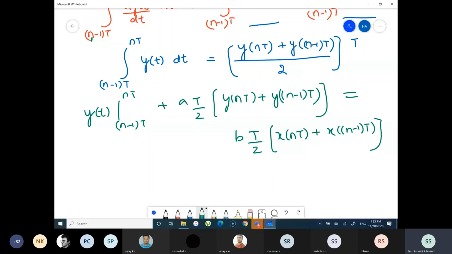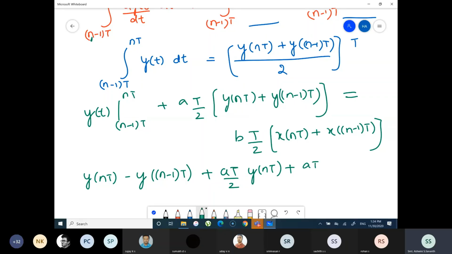Yeah. So now let's substitute these limits. So y of nt minus y of n minus 1 into t, plus at by 2 y of nt plus at by 2 y of n minus 1 into t.